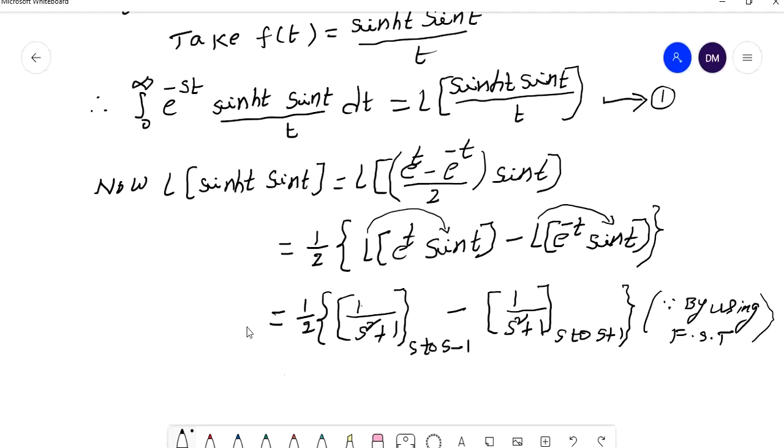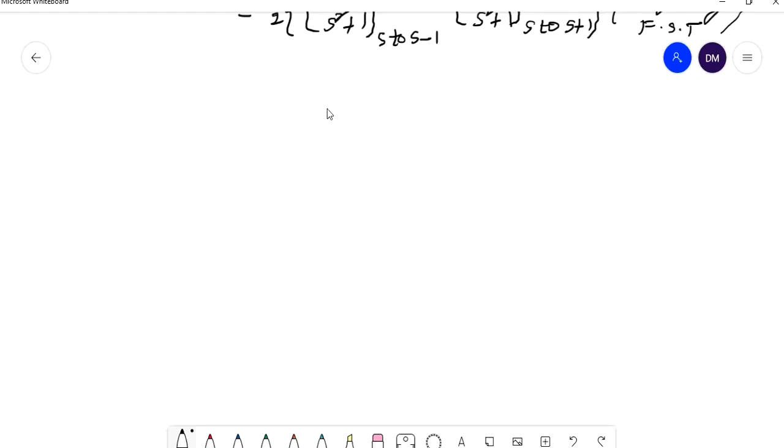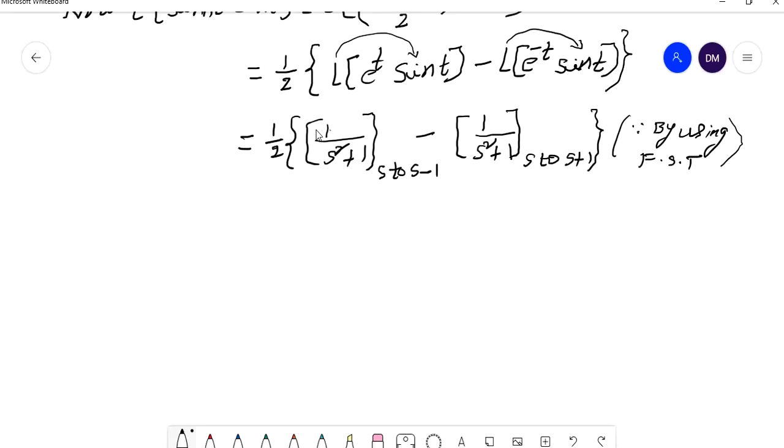Now what is the next step? This is equal to 1 by 2 into, in the place of s we write s minus 1: 1 by s minus 1 whole square plus 1, minus, in the place of s we write s plus 1: 1 by s plus 1 whole square plus 1.